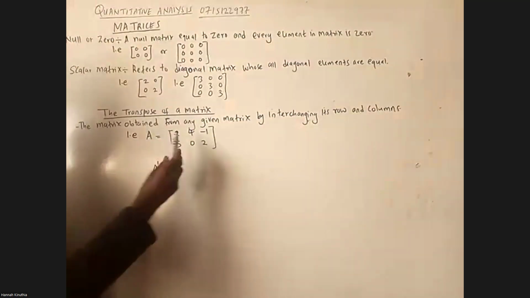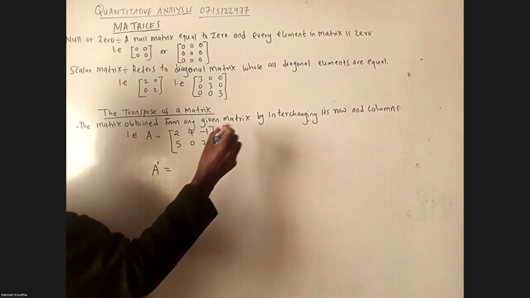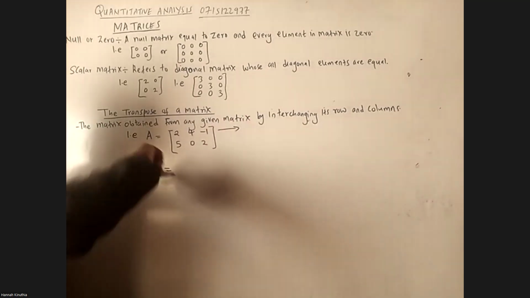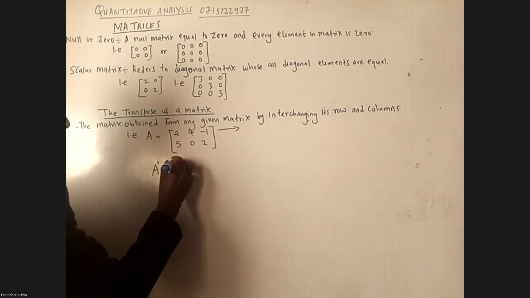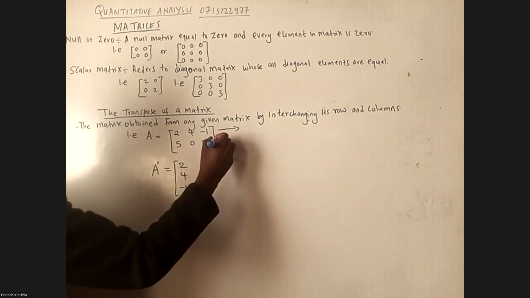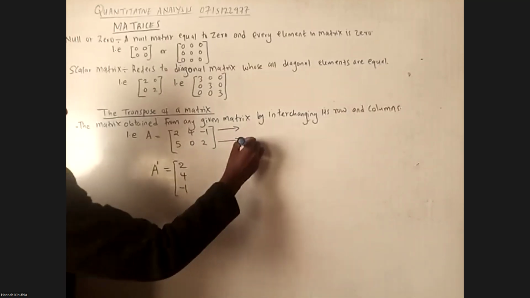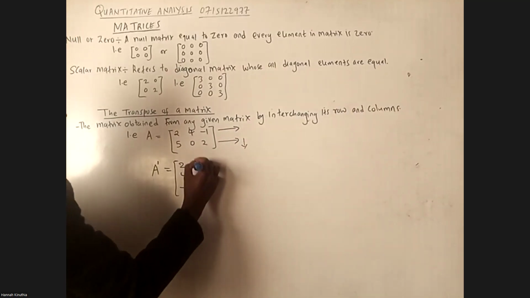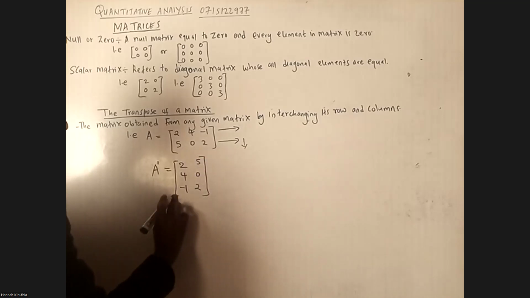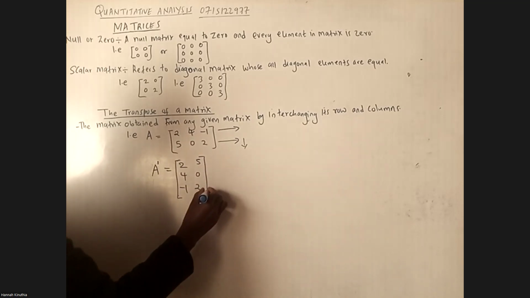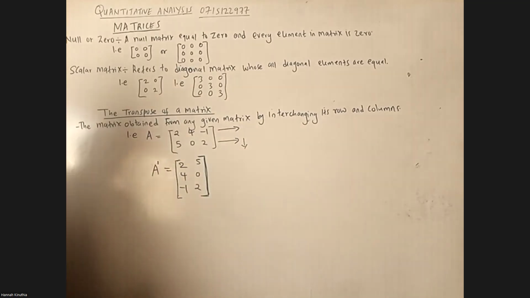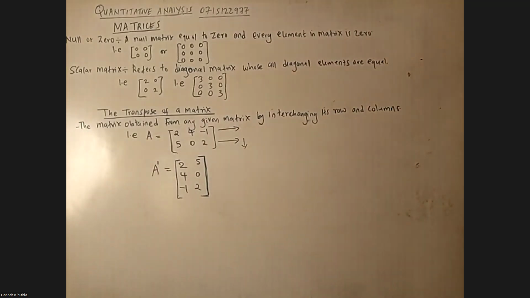So 2, 4, minus 1 goes this way, so we interchange it, it goes downward, so it will be 2, 4, minus 1. Same applies to 5, 0, 2, which goes this way, so we interchange, it goes downward. Now that one forms a transpose.